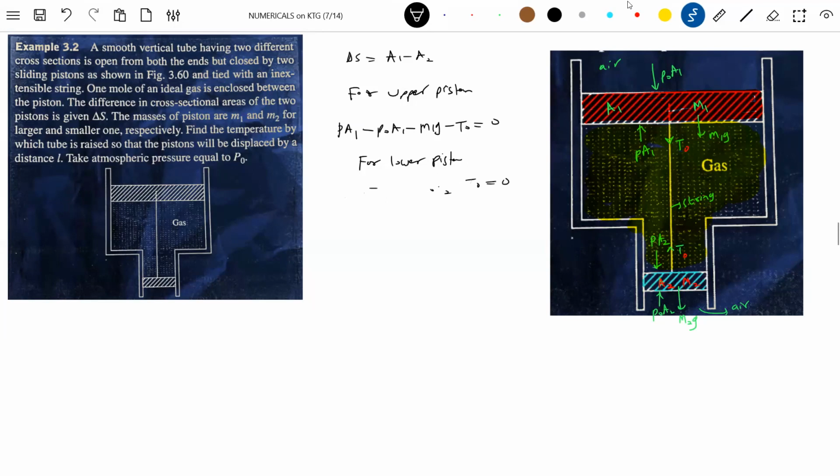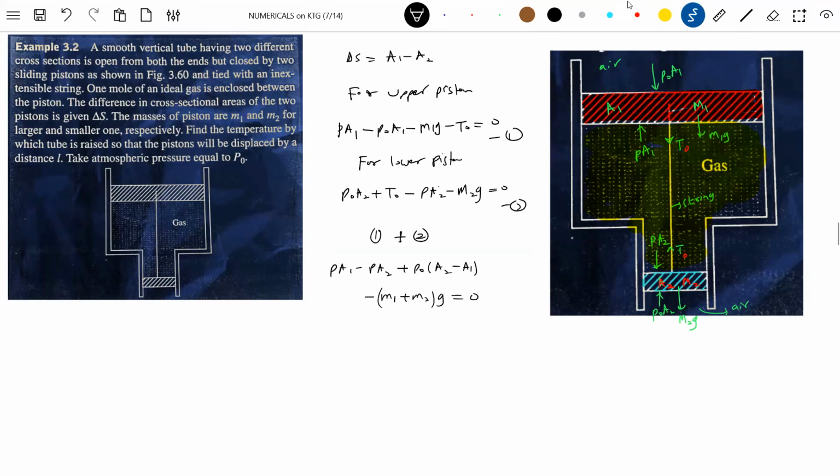Upward forces minus downward forces. Let me write it in order. Upward should be positive, no? So P0A2 plus T0 minus PA2 minus M2G equals 0. Let me add the two equations. Adding, PA1 minus PA2, that is P times (A1 minus A2), minus (M1 plus M2)G equal to 0.